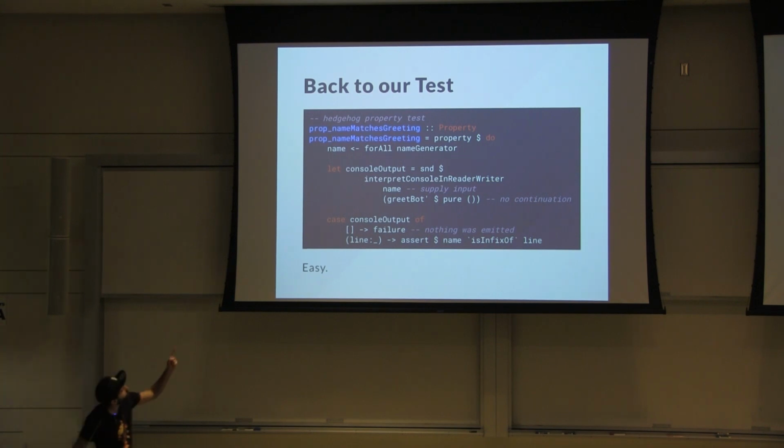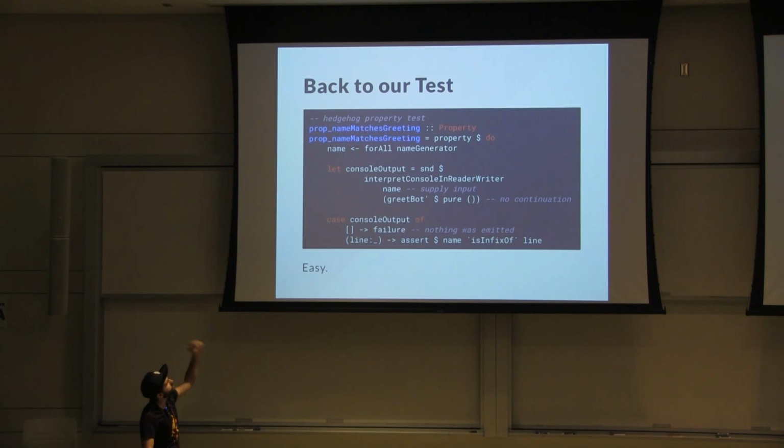Before, we didn't know what to put there, but now that we're armed with that particular interpreter, we can go about doing this just fine. Instead of the recursive call to greetbot, we just put a pure unit, basically saying we're going to test one iteration of this and that's it.